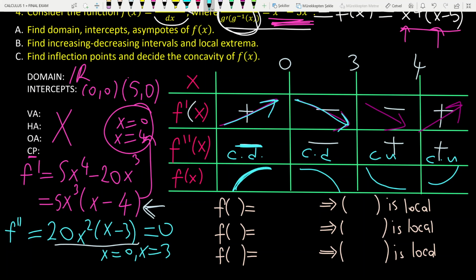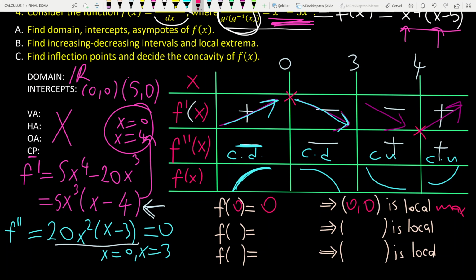What about the extrema of the function? As you see, the point 0 is the maximum point. The point 4 is the minimum point, right? So f of 0 is 0. This is why (0, 0) is a local maximum point.